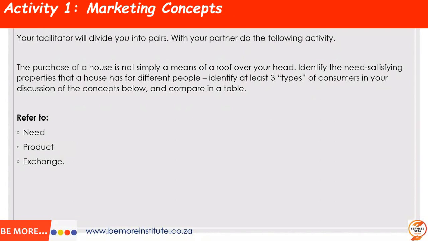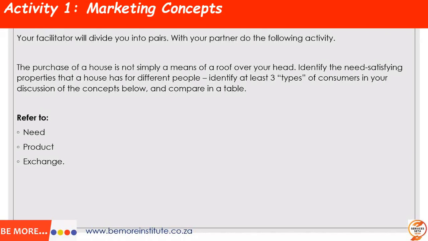Identify at least 3 types of consumers in your discussion of the concepts and compare in a table. So you will have 3 different types of consumers, and we need to try and identify 3 different needs.